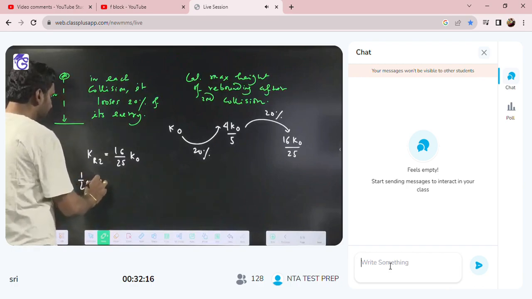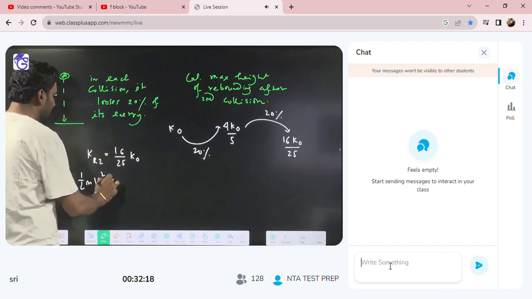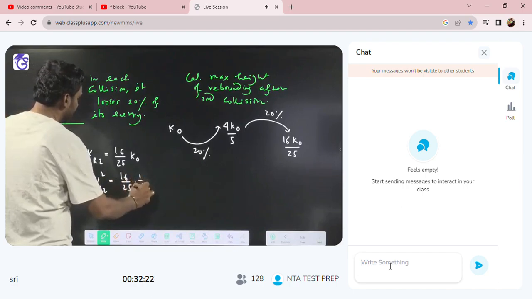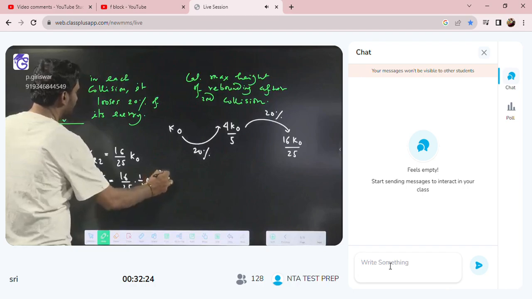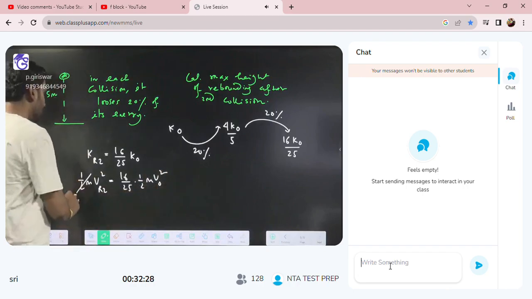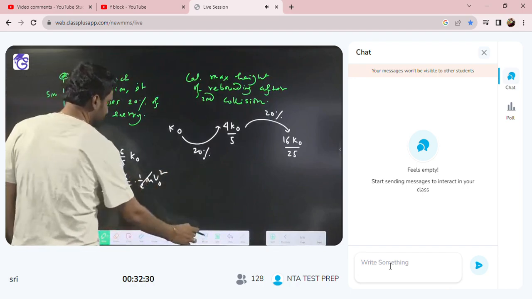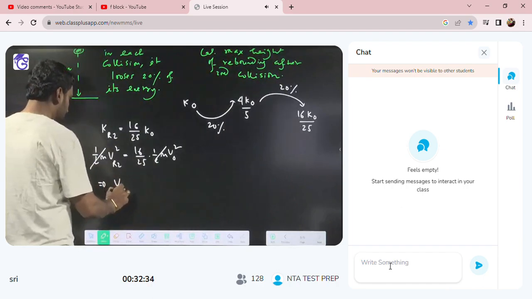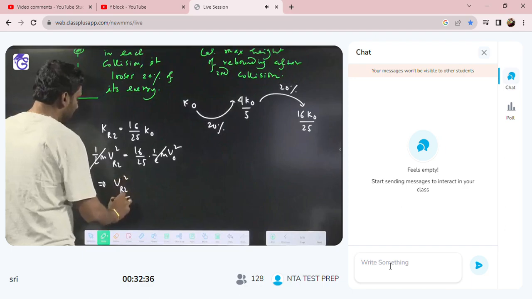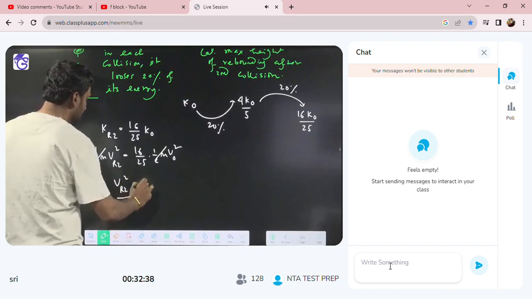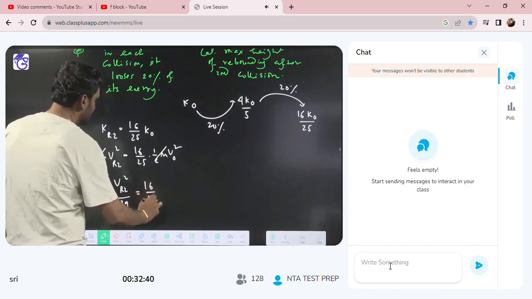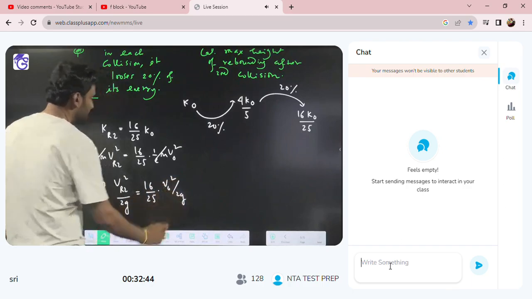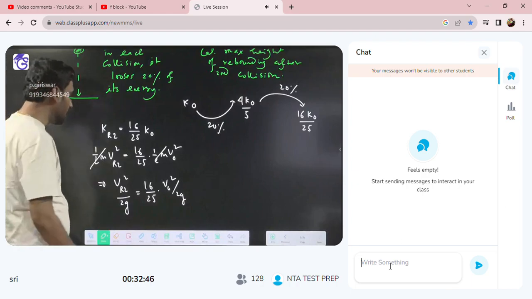Half M VR2 square is 16 by 25 into half M V naught square. Half M cancelled. From here, VR2 square by 2G is equal to 16 by 25 V naught square by 2G. Got it?